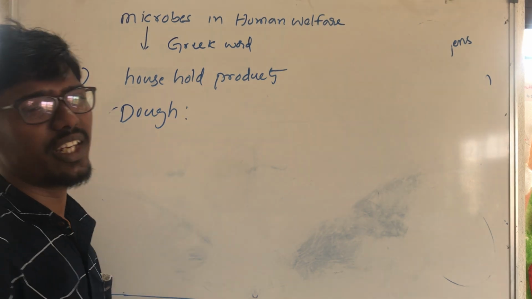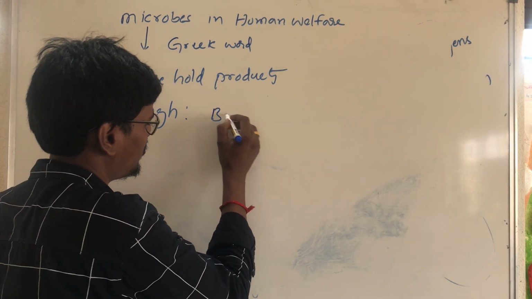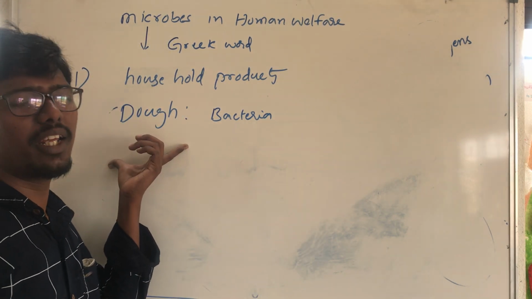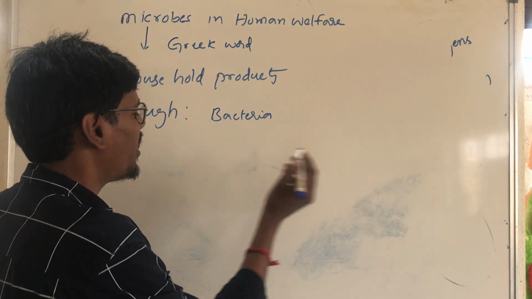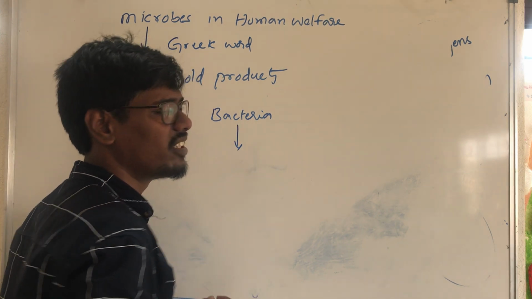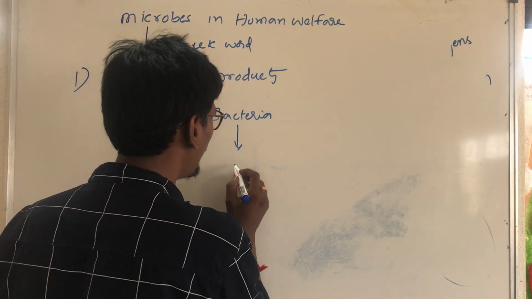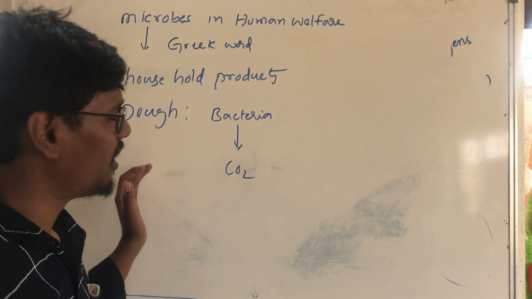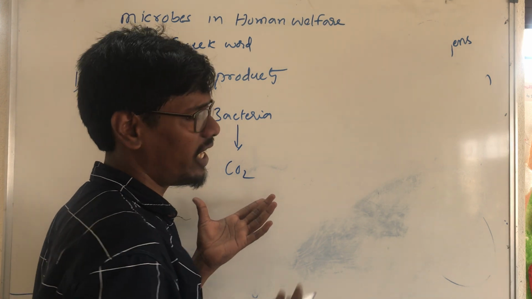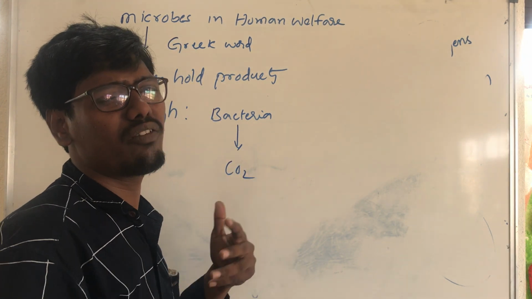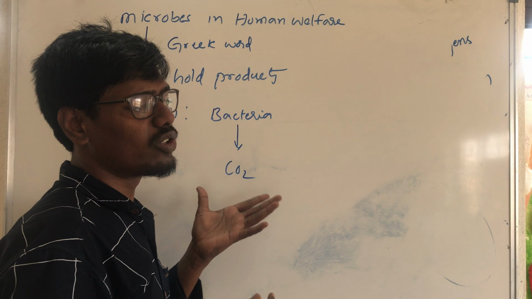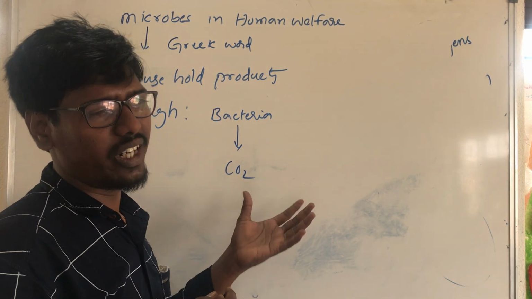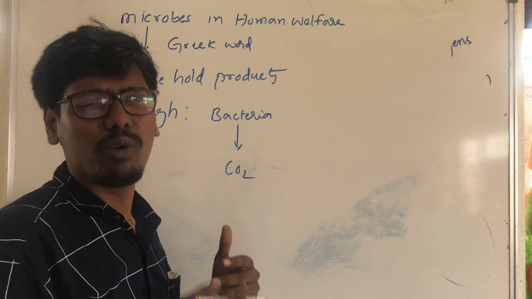Dough contains bacteria, which release a lot of carbon dioxide. The carbon dioxide acts in our dough and gives it a bulged or bubble shape.